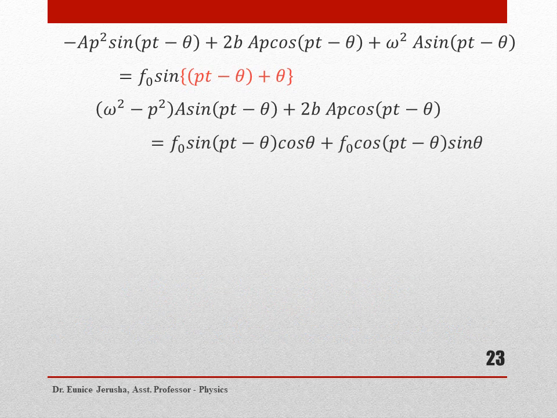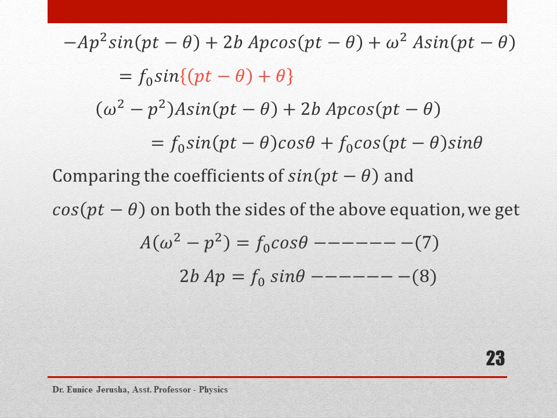We now substitute this in the equation above, and we have the relation displayed. Now, on comparing the coefficients of sin(pt minus theta) and cos(pt minus theta) on either side of the above equation, we have equations 7 and 8.